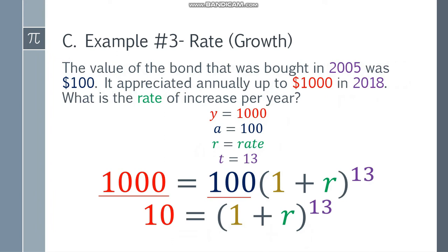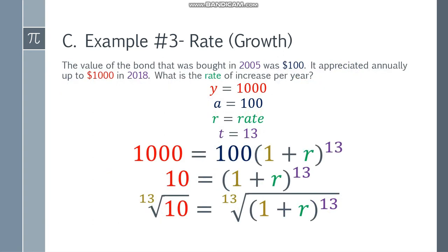Ngayon, divide both sides by 100 para mas simple, mawala yung 100 dito. Magiging 10 na lang to, at ito, quantity 1 plus R to the 13th power. Ngayon, para makuha yung R, kailangan mo munang i-isolate or i-simplify pa. Kunin natin yung 13th root ng 10. 13th root din ito para ma-cancel yung exponent.